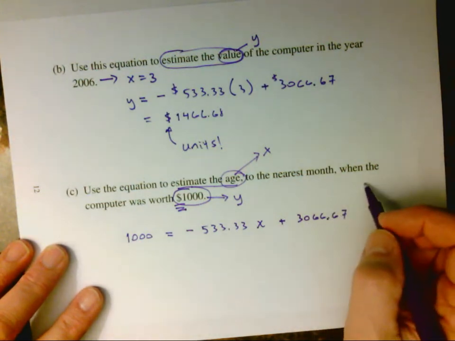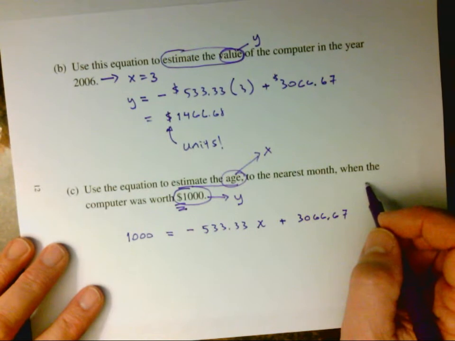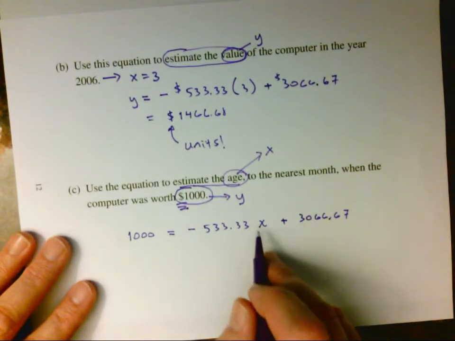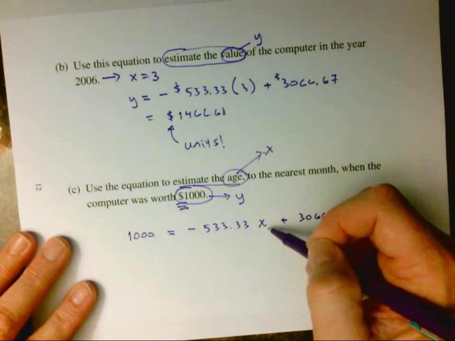You can use your units to decide what variable the numbers go in. Units are your friend. Then, once you get things in the correct place, simply solve for the other variable. And we, in fact, are supposed to be solving for x, so this is set up correctly.